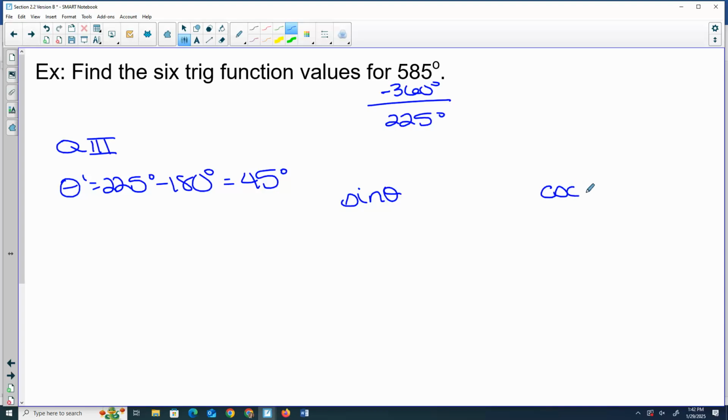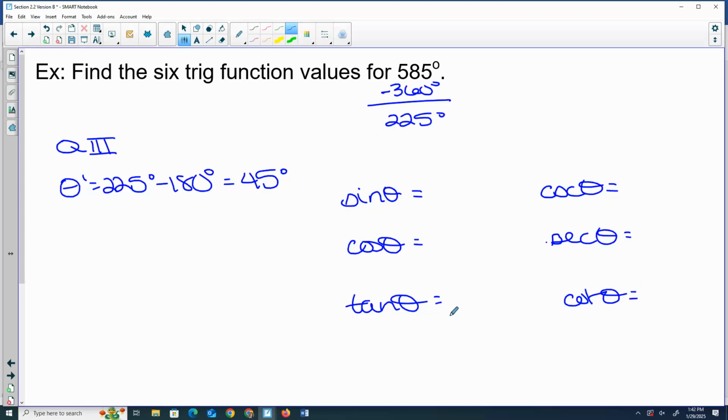Okay, I asked for all 6 trig functions this time. So you could write sine of 585 degrees. I'm just being lazy and I'm just putting theta instead. In quadrant 3, all students take calculus. Which ones are positive? Tangent and cotangent. So the other 4 will get a negative. All right, then I go to my hand trick. So 45 degrees.